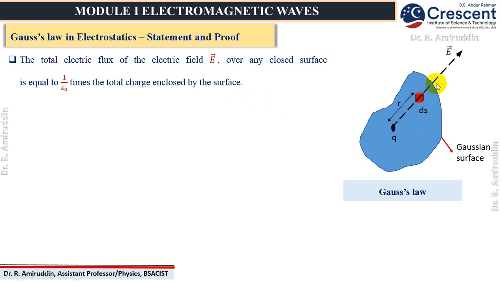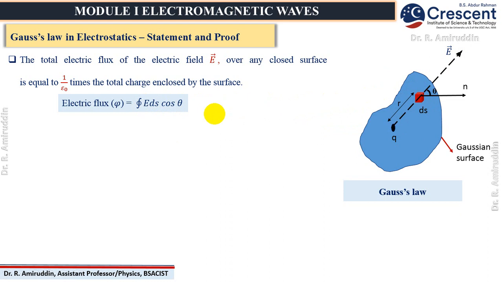This arrow mark denotes the direction of the applied electric field. In such a case, the electric flux phi is given as the integration of E ds cos theta, that is, the vertical component of the electric field.